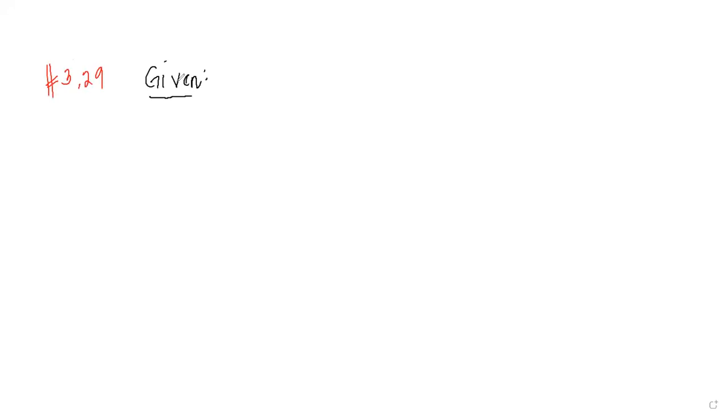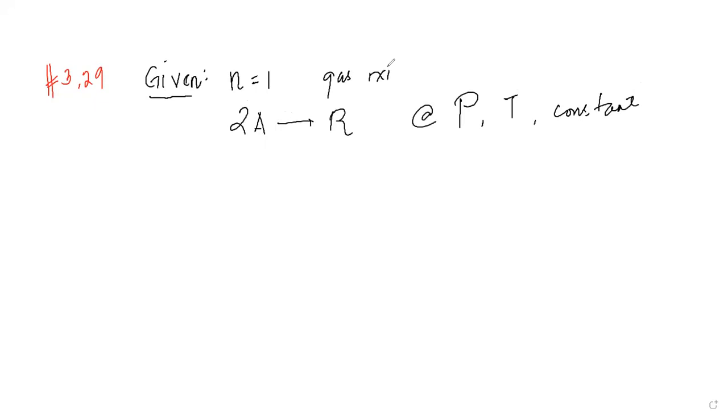The statement already says that it's a first order rate constant that is being required. Determine or find the first order rate constant. So that tells you to be keen that the order of the reaction is 1. A is disappearing according to this stoichiometric equation, and pressure is constant. So both temperature and pressure are kept constant, and this is a gaseous reaction.